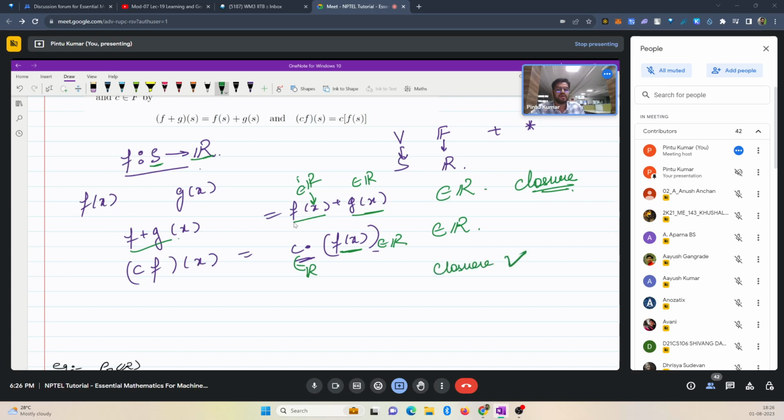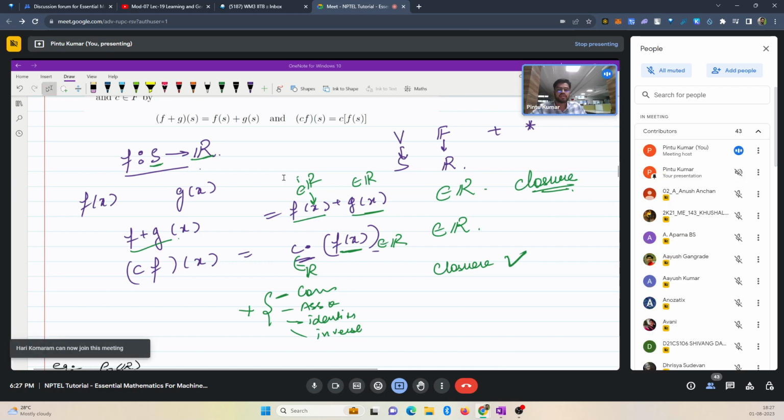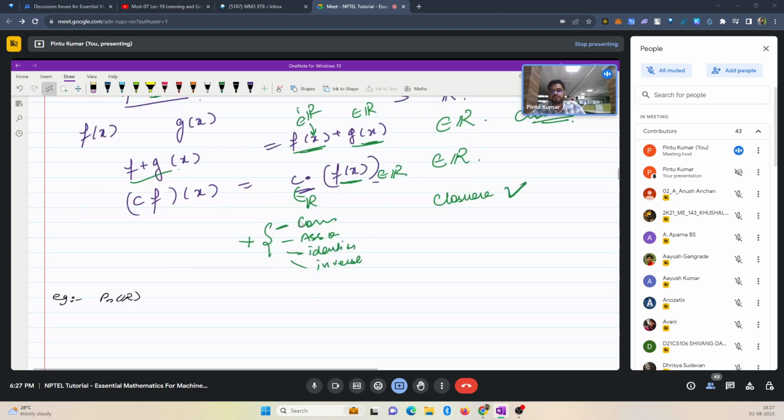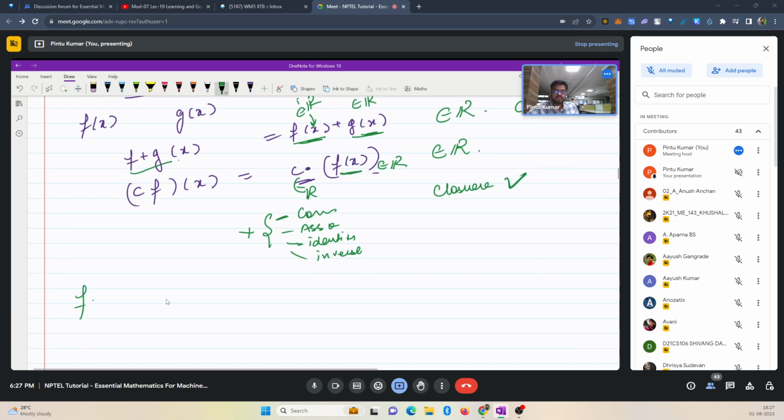Next, we come to addition. Addition had four properties: commutative, associative, identity, and inverse. We'll check them one by one. Looking at commutativity, (f plus g) of x is nothing but f of x plus g of x.